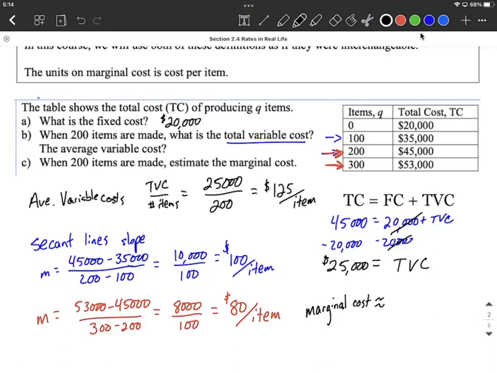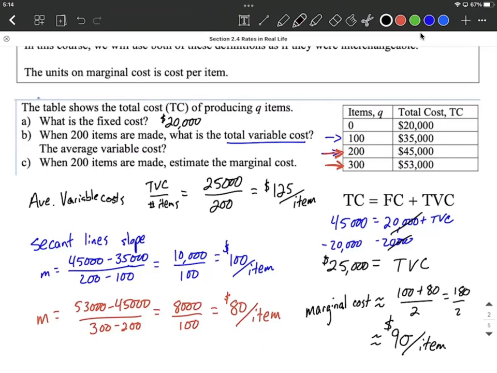So the marginal cost is going to be somewhere in between, let's say 100 plus 80 divided by 2, which will be 180 divided by 2, which will be approximately, and I know it works out exactly on our computations, $90 per item. It's going to be right around there for our marginal cost in this example.